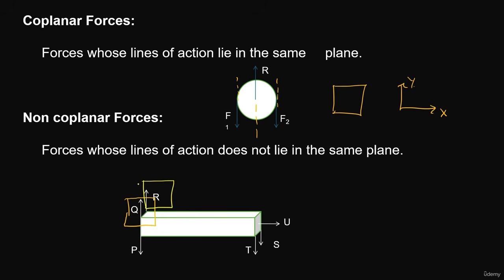The distance between these two planes is defined by the width, which defines the distance between the forces Q and R. In the same way, forces T and S also appear non-coplanar. So in the non-coplanar case, we have a three-dimensional force system, and the complexity of the problem is going to increase.